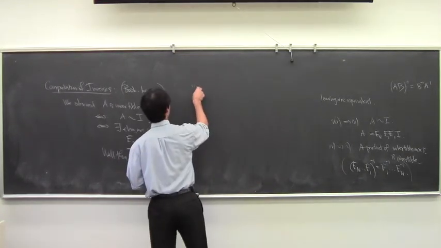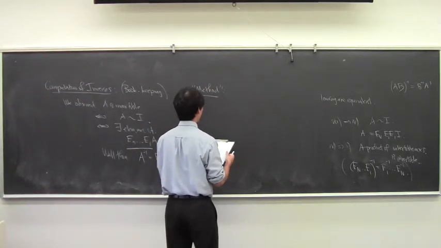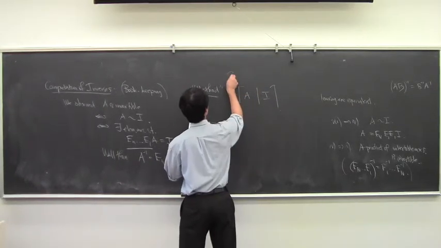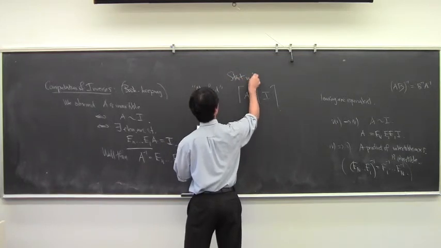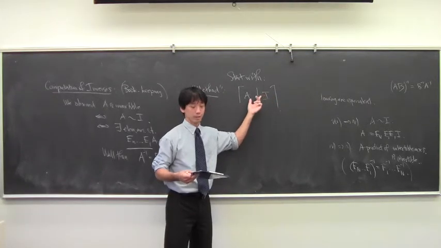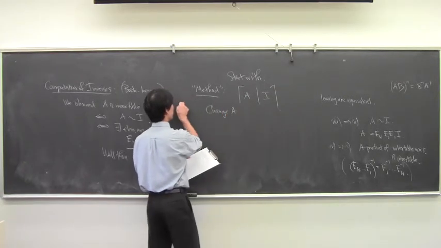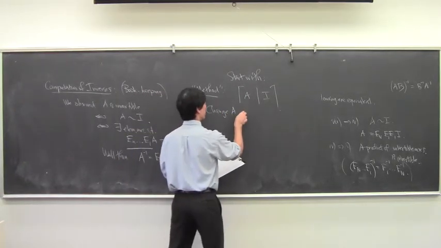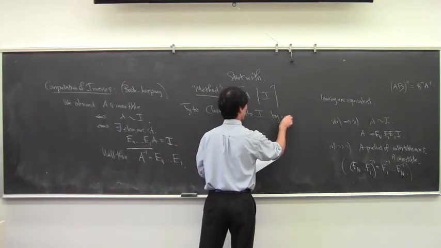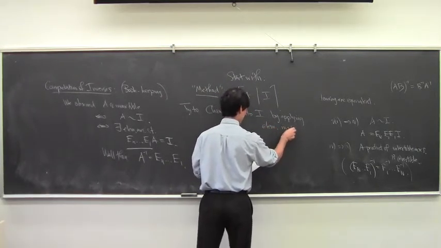So here is the method. It's not really that great. One starts with the matrix on one side and the identity on the other, and then tries to change A into the identity matrix by applying elementary matrices.